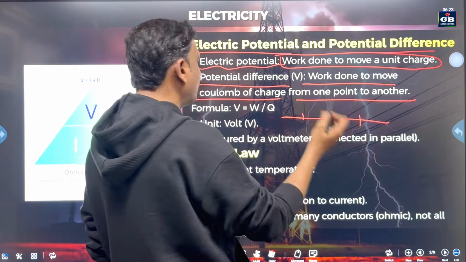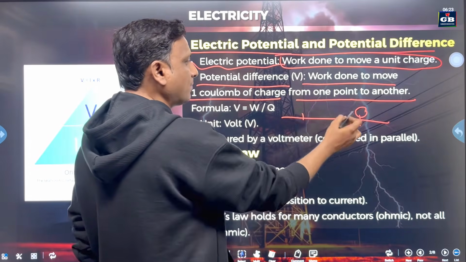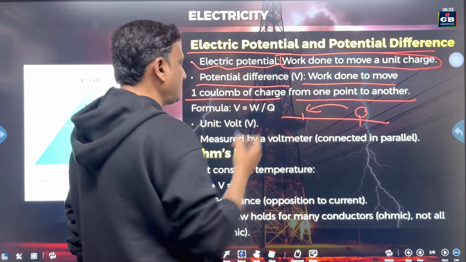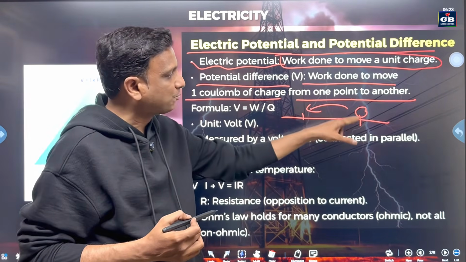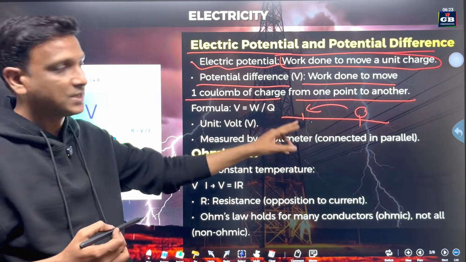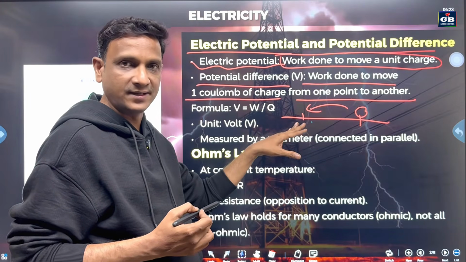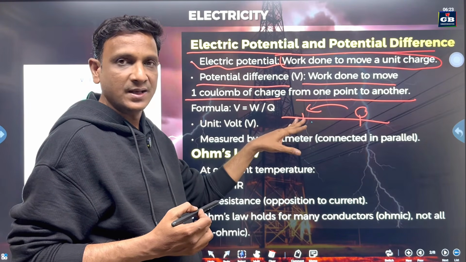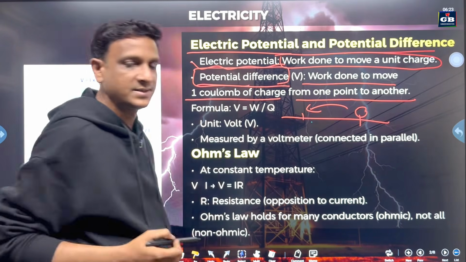Work done to move 1 coulomb of charge from one point to another point. It's a fixed charge, 1 coulomb of charge from this point to this point in a circuit or in an electrical field. So that is called potential difference.